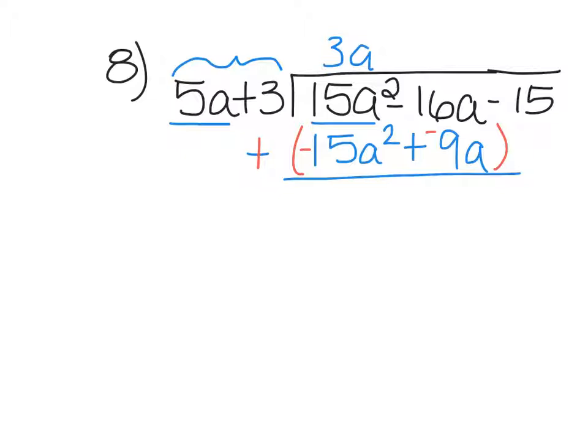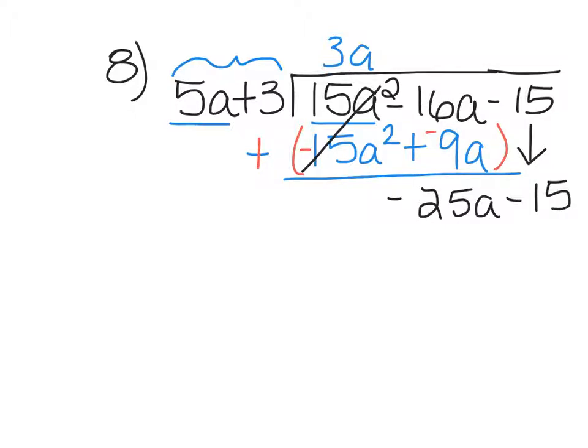So 15a squared minus 15a squared cancels out. Negative 16a and negative 9a is negative 25a. Okay, we're just adding, so the a stays to the power of 1. We're not multiplying them. Then I bring down the negative 15.